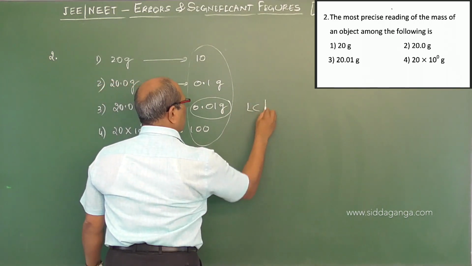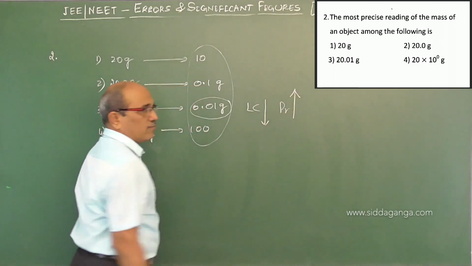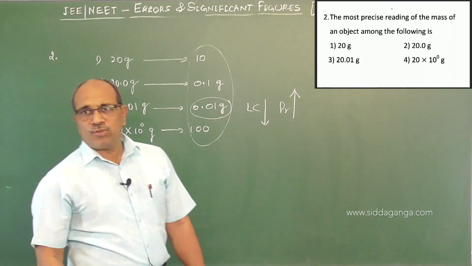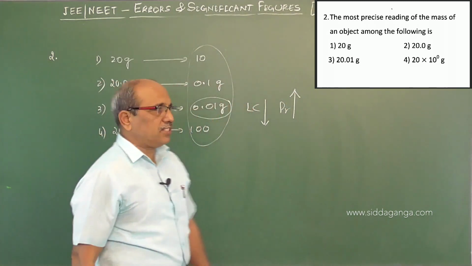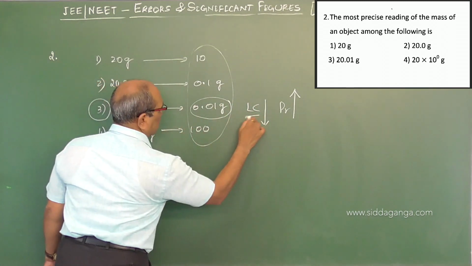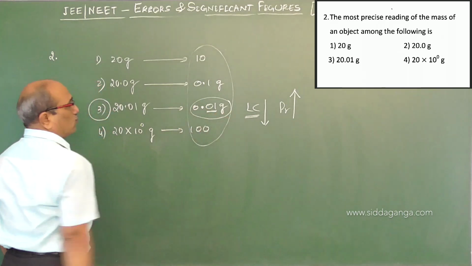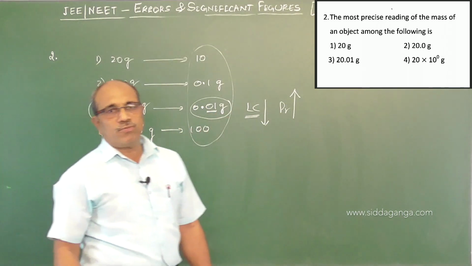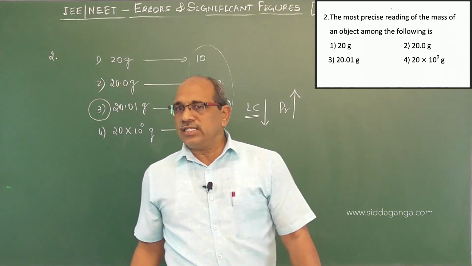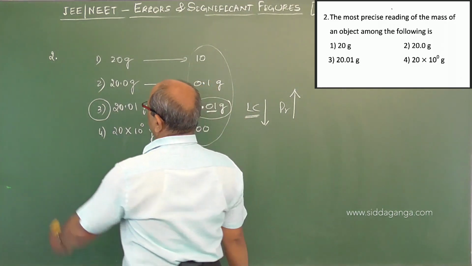The least count is minimum, which means precision is maximum. So among them, the most precise is the third one, having the minimum measuring capacity. After the decimal point it can shift up to 2 digits, which gives you the highest precision. Option number 3. Come to the next.